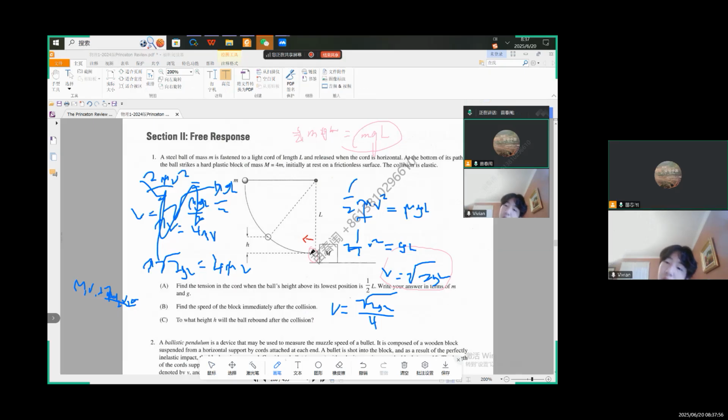You can probably imagine this one is in that direction. Even if I'm wrong, it could be negative, and it's okay anyway. So we need to find the part that's going that way. And then there's a v2 in here. v1 and v2. And then the energy.